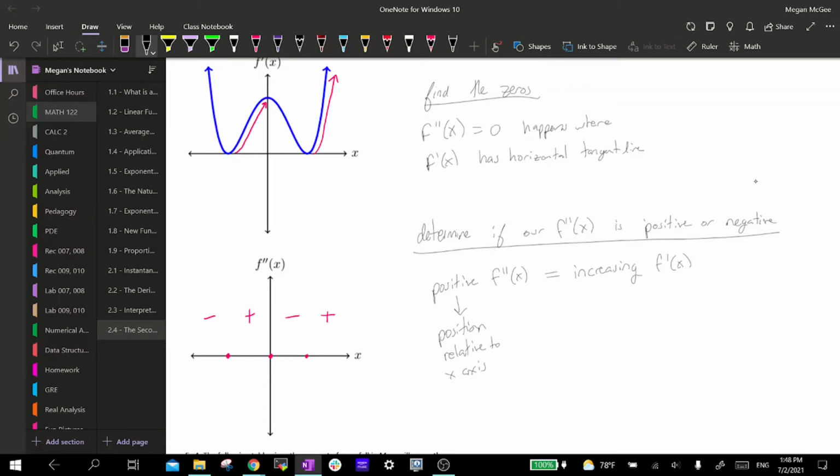Remember, if we're positive, we're above the x-axis, and if we're negative, we're below the x-axis. And so if we have a negative second derivative, this is a decreasing first derivative.